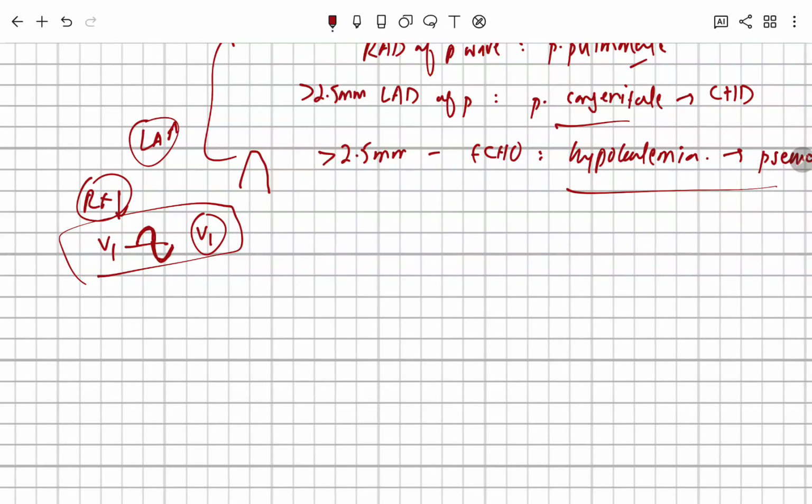So I have talked about when the height is more than 2.5 small scales, that is 2.5 millimeters, we'll have three differentials of that. But when the width is more than 2.5 small scales, let's talk about that. If the width is like that, the later component is increased.